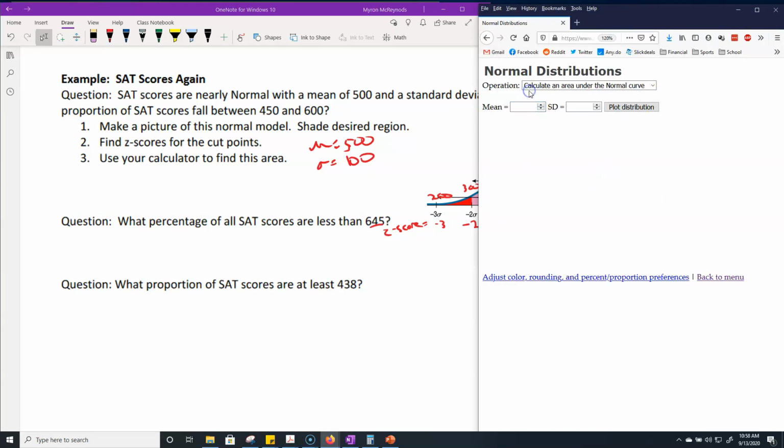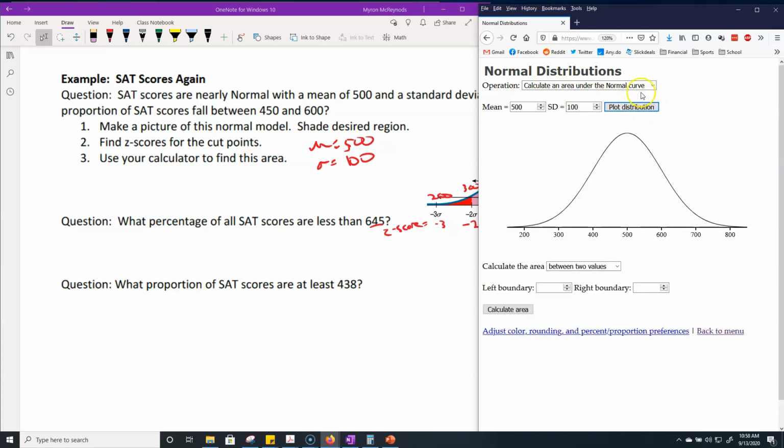So the mean was 500 and the standard deviation was 100. We're looking for area under the curve, the percentage, so we're going to distribute the plot. What do we want to pick? We have our drop-down menu. Between two values would be between two numbers.